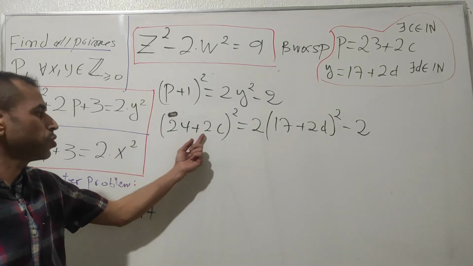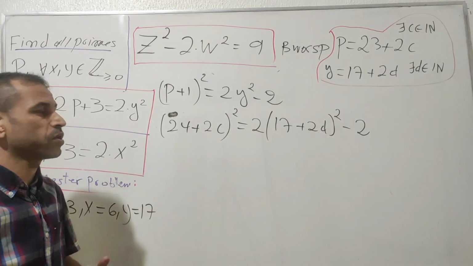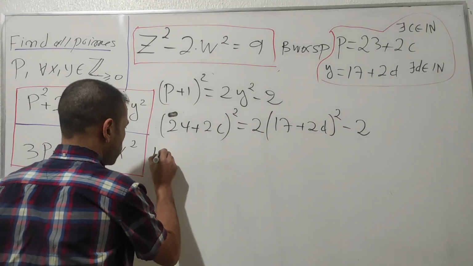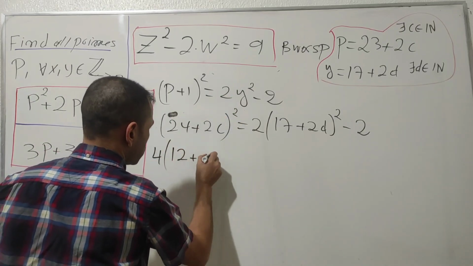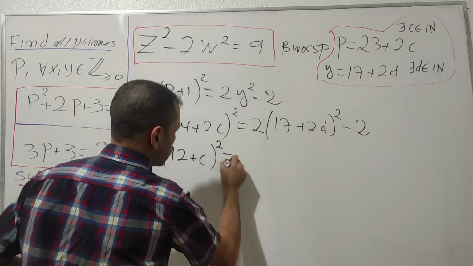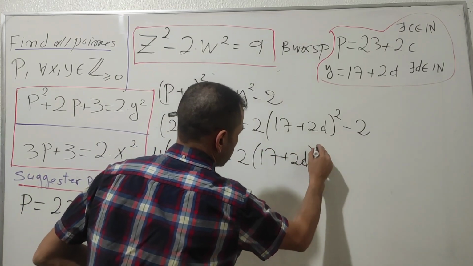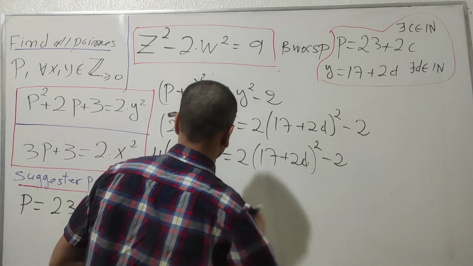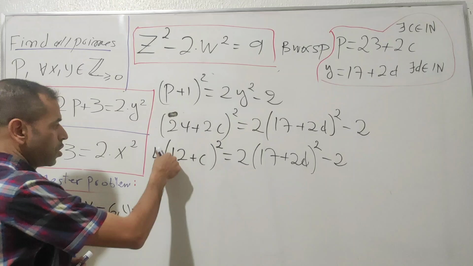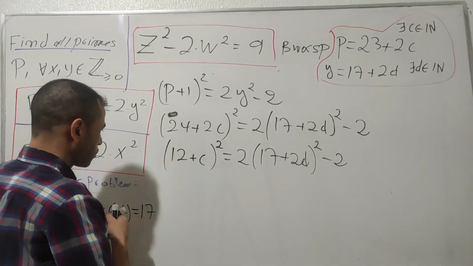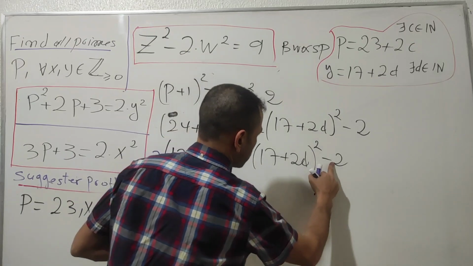Since I get 2 here as a common multiplier, I'm going to take one of the 2s out of these things and it becomes 4, because we have a square here. I get 4 times 12 plus c, quinary square, which equals 2 times 17 plus 2d, quinary square, minus 2. So I'm simply going to cancel out 2 from both sides. This one becomes 2, this one becomes 1, and this one becomes 1.